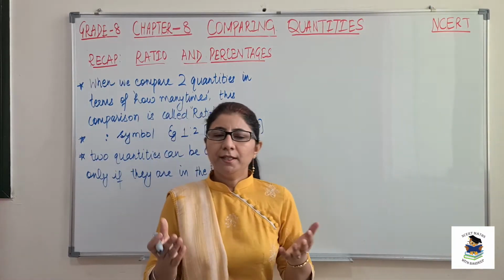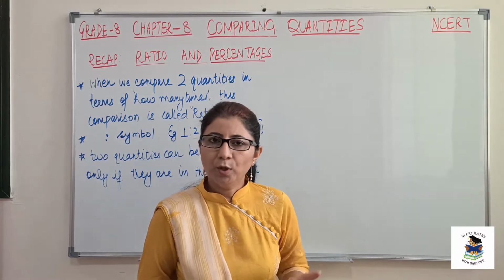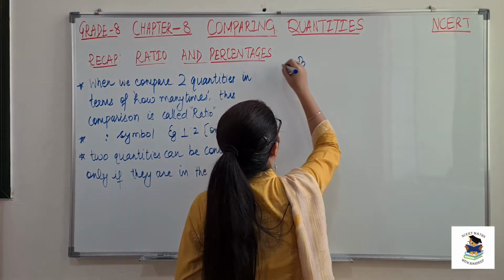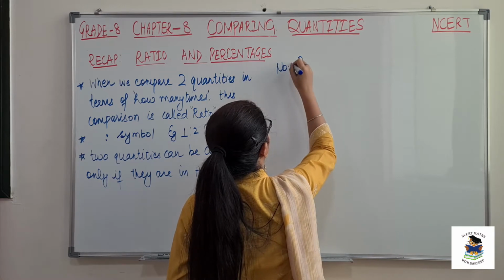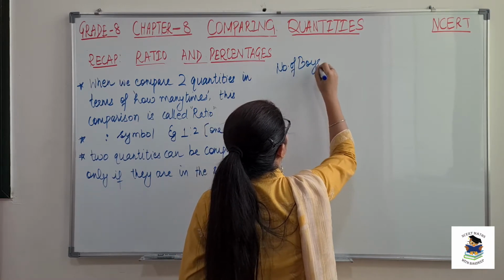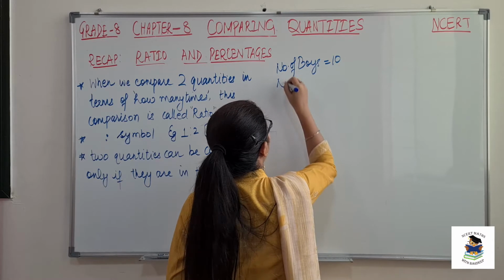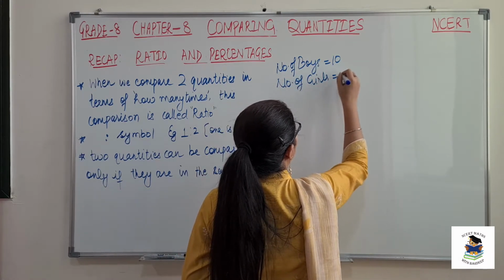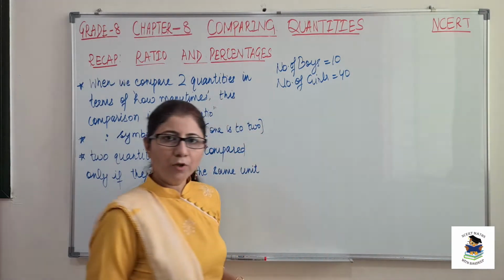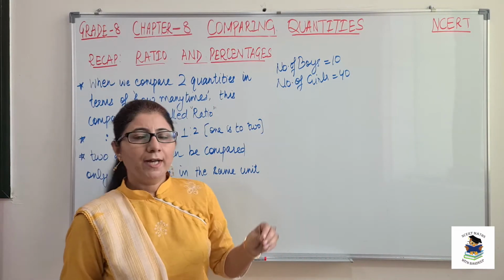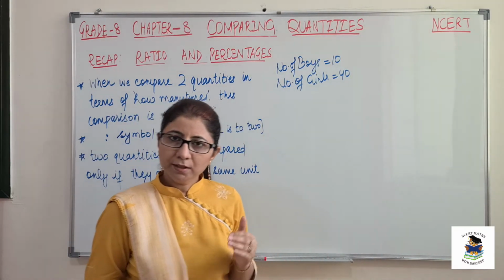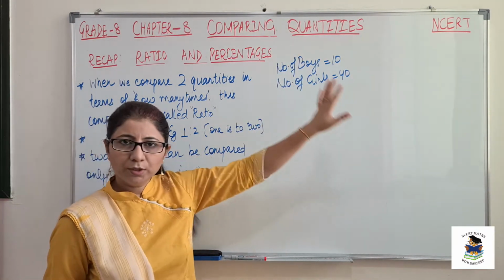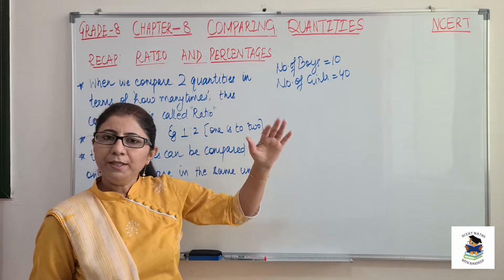Suppose in one class we have 10 boys and 40 girls. So number of boys equals 10 and number of girls equals 40. I want to find the ratio of boys to girls. It is very simple, since both are numbers, both have same units, simply divide them.